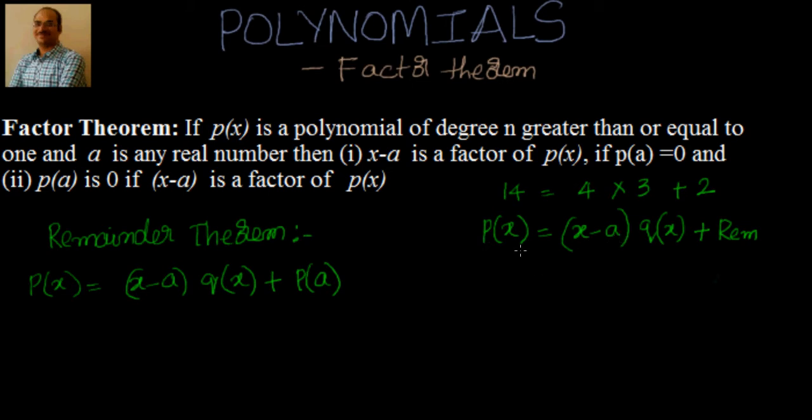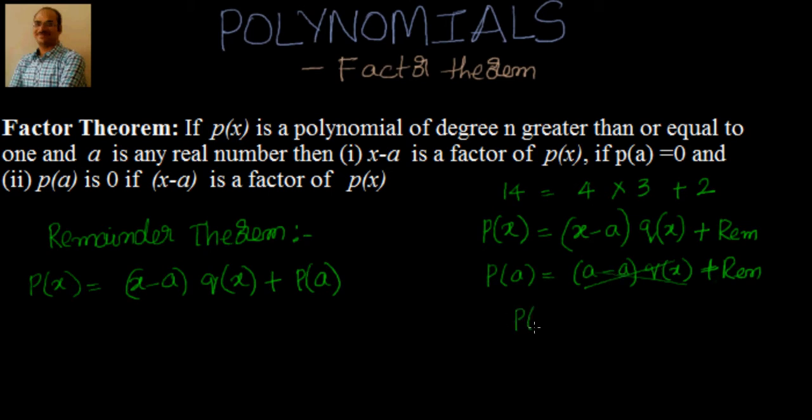Let's have a look at that. Now, suppose I substitute the value of x equal to a. This becomes p of a equal to a minus a into q of x plus remainder. Now you know that this whole thing becomes 0, because a minus a is 0, and 0 multiplied by anything is 0.